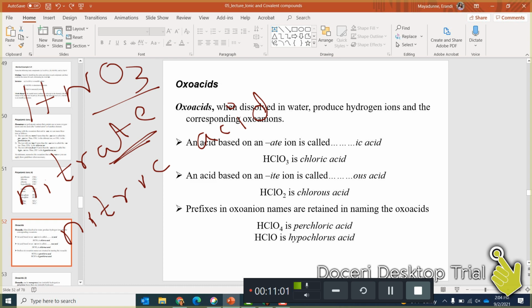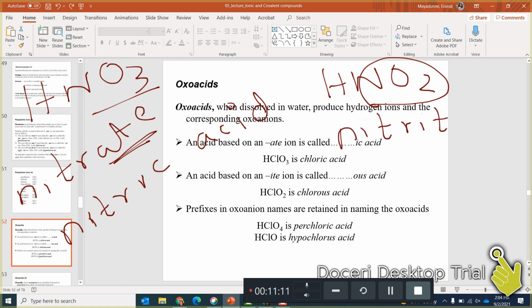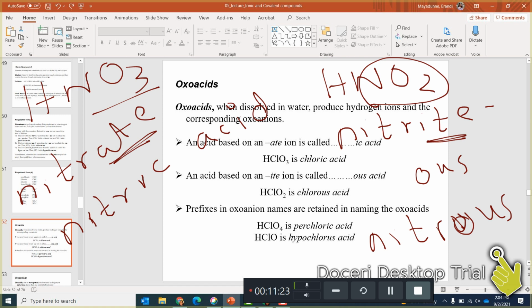And then you look at the HNO2. This is a nitrite. Remove ite, and if it is ite, you end up with ous. So it's going to be nitrous acid. So that is the nitric and nitrous.